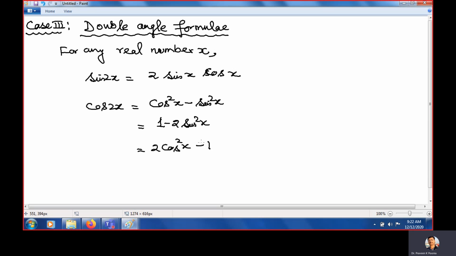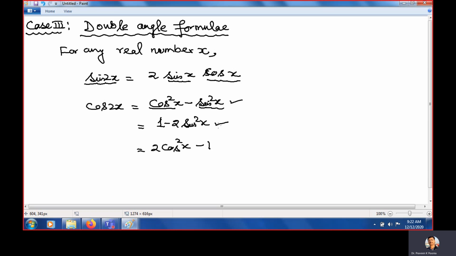So here the questions are very simple. If sin x and cos x both are given, we can find sin 2x very easily. If both are given, we use this formula to get cos 2x. But if only sin x is given, then you need to use this formula.